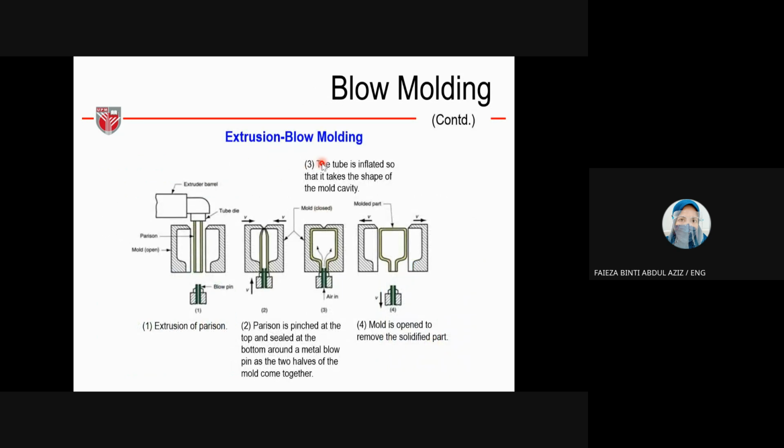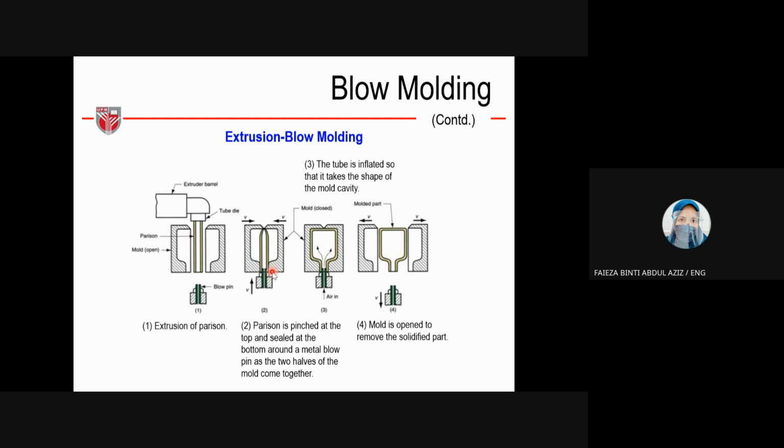Okay, extrusion blow molding. First, extrusion of the parison here, the yellow one. Second, the parison is pinched at the top and sealed at the bottom around a metal blow pin as the two halves of the mold come together, on the left and on the right.